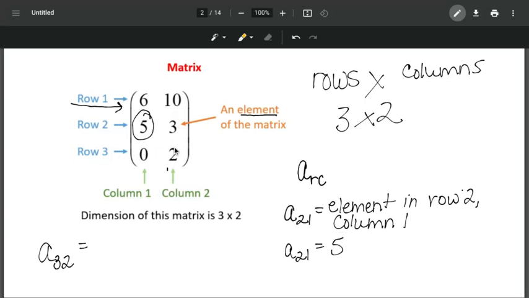Second column, this number right here, 2. Sometimes they'll say, okay, well, what is A23? The second row, third column. Well, second row. But hey, there's no third column, so we would say does not exist.